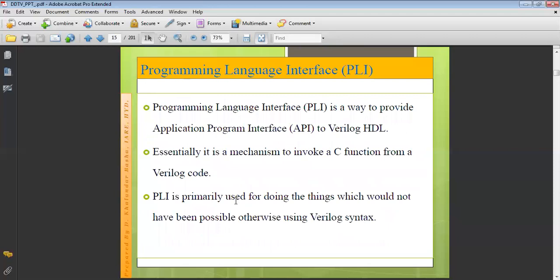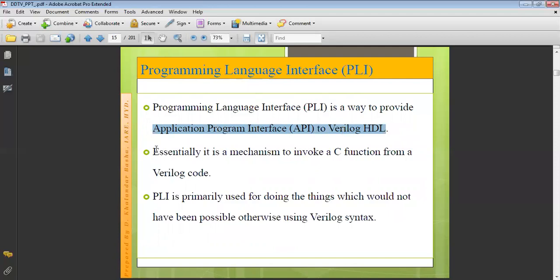Our next concept is the programming language interface. The PLI is a way to provide an application program interface to Verilog HDL here.